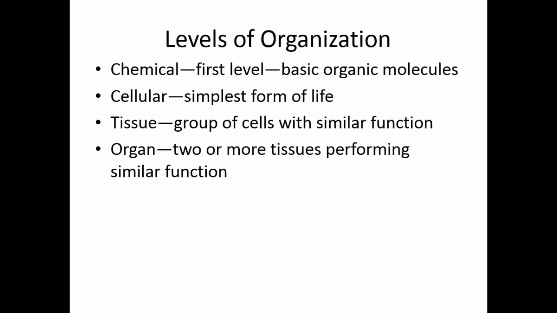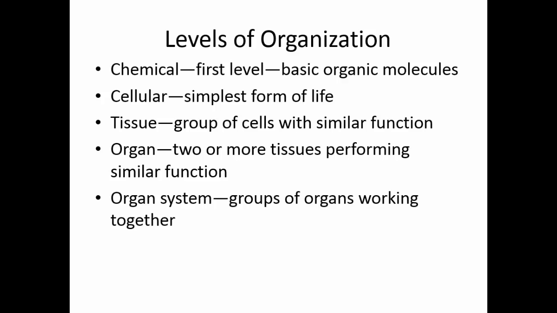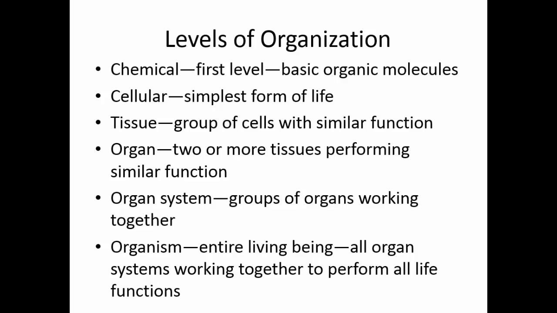And if two or more tissues begin to work together toward a similar function, we have an organ. Multiple organs may group together so that an overall function is accomplished. That's an organ system. And the organism is the entire living being. This is all of the organ systems working together to perform all of the life functions.